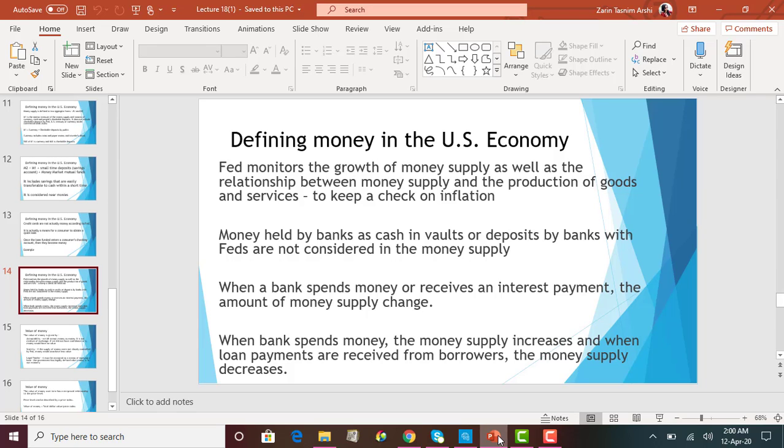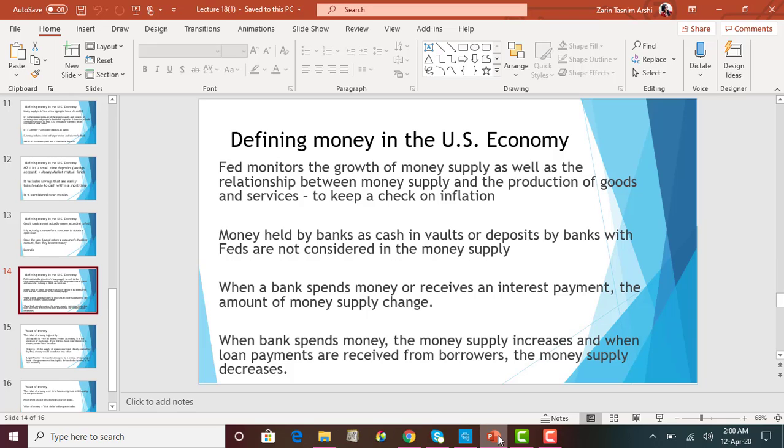Now the opposite is also true. If I have a home loan and I am making payments on my home loan, and this payment is going back to the bank, and the bank saves that money in the vault or in the deposits with the Fed, the money supply will go down. So this is important. When a bank makes loans, the money supply will go up.